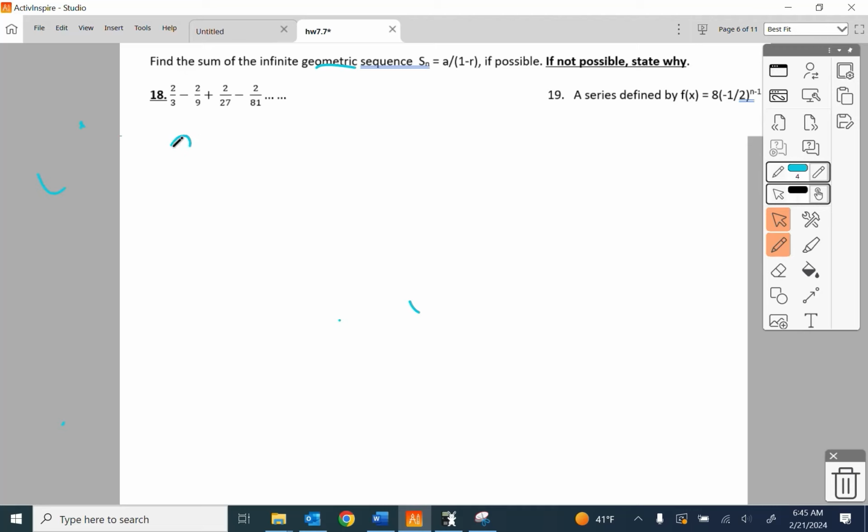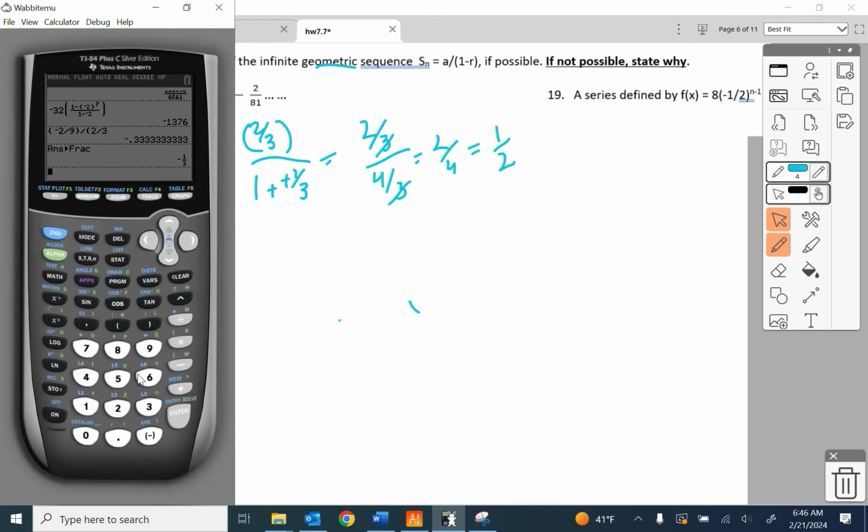And I'm going to find the sum of the infinite series, and it is the first term, 2/3, sitting pretty over 1 minus the common ratio of negative 1/3. Now I'm going to do this by hand just to show you it can be done. 2/3 plus, 1 plus 1/3 is 4/3, 3's cancel, 2/4, 1/2. I guarantee you I can do that faster on paper or in my head than by pushing buttons.